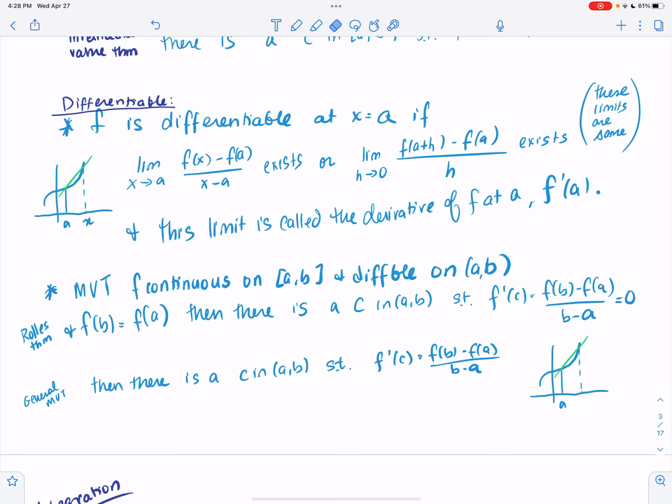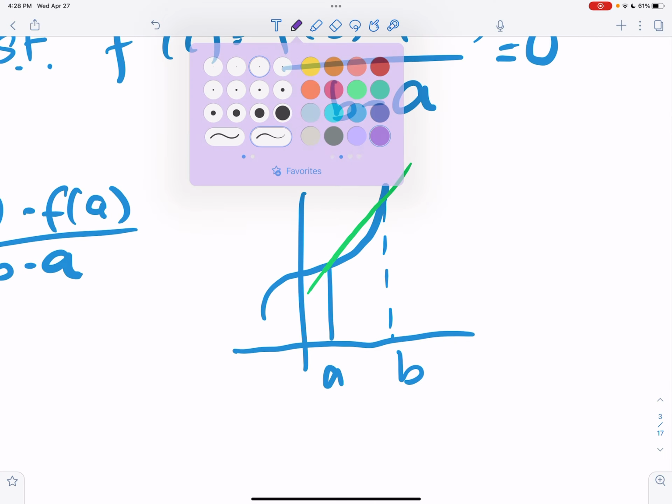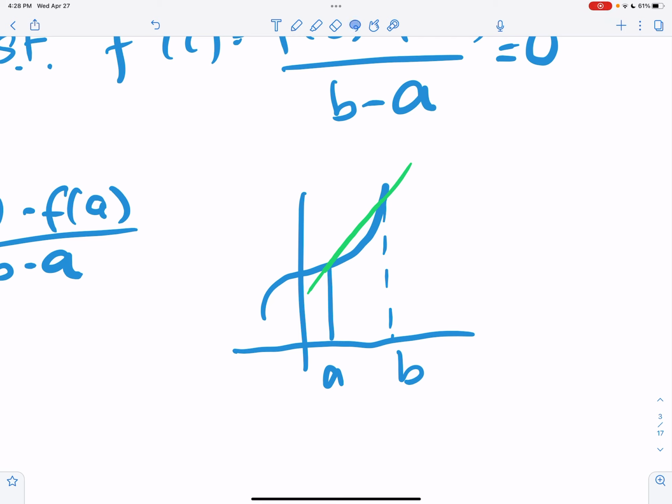Let's call this b. And what this says is there has to be some point c where the slope of the tangent line equals exactly the slope of the secant line. Okay?